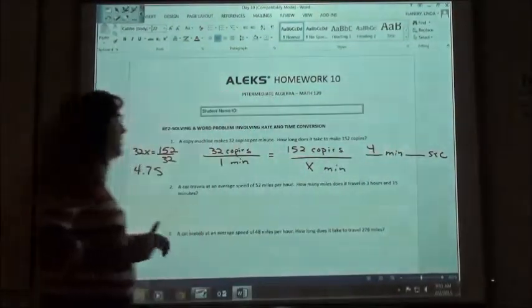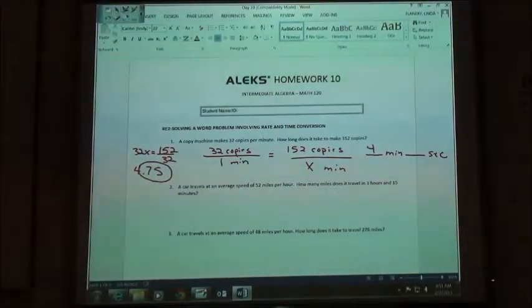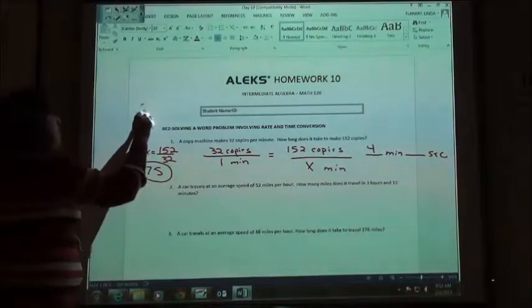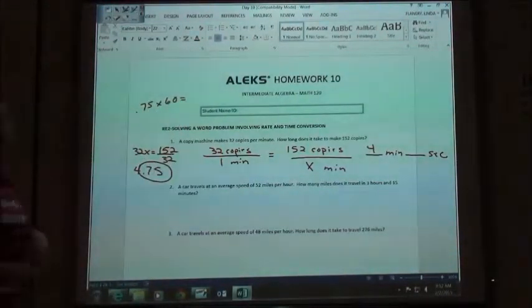What you need to do is change the 0.75 into seconds. So you think about how many seconds are in a minute? 60. If you take that 0.75 times 60, you get what? 45.